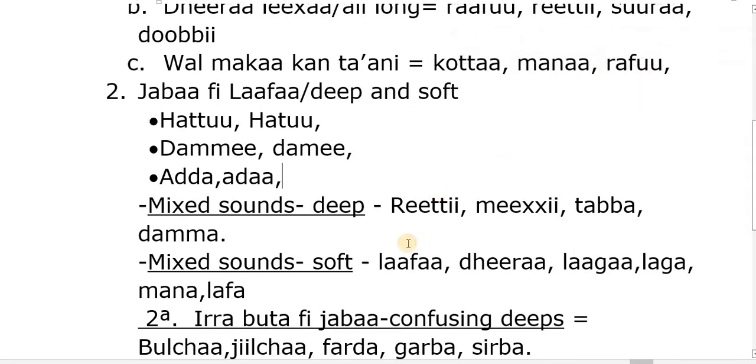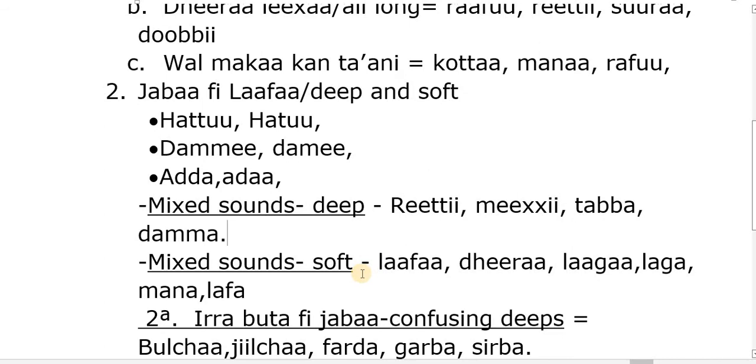So it could be mixed with long, short, deep, and soft, like here, for example: long, soft, deep, long again.